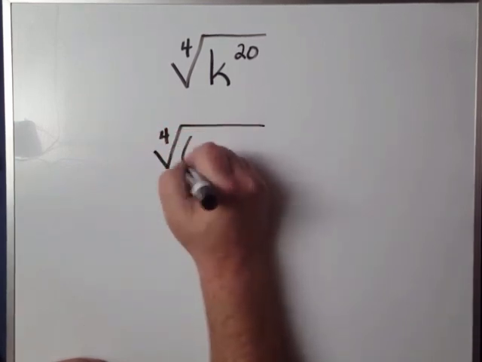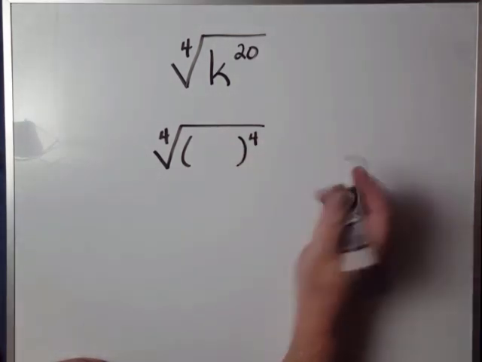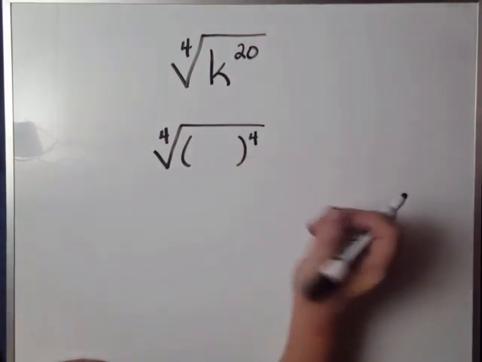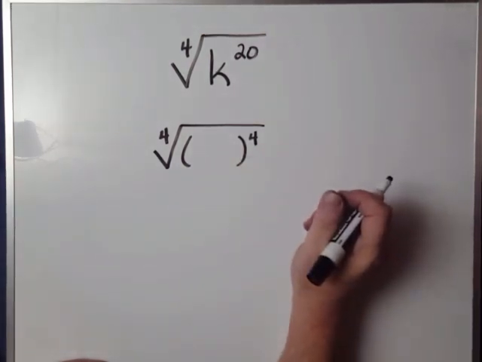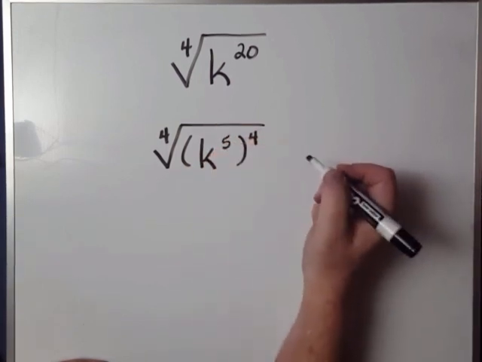Can I write this as the 4th root of something to the 4th? K to the 20 is what to the 4th? It's K to the 5th to the 4th.